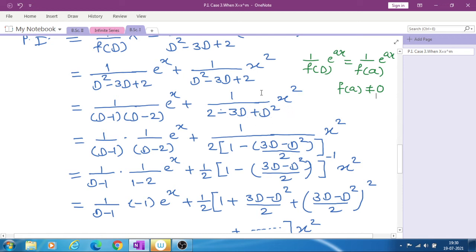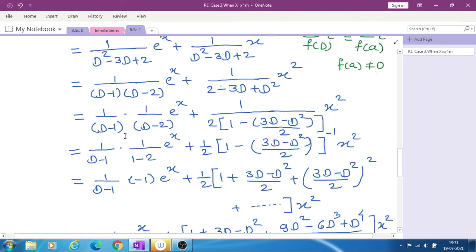In the working rule, I have told that first write this f(D) in ascending powers of D, that is increasing powers of D. Therefore the first term will be the constant term, then the term of D, and then D square. So we have written this in ascending order.